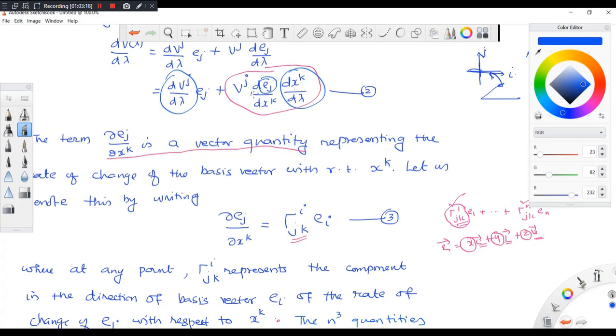What happens in the expression is the derivative of EJ by dxk, the jk one is the expansion. Suppose you take j equal to 1 and k equal to 2, so that means the derivative of E1 with respect to x2, then this will become 1 and this will be 2. There is no expansion there, it is a replacement.